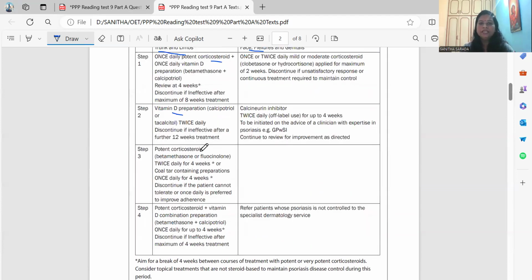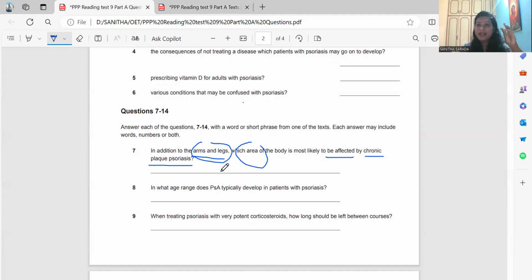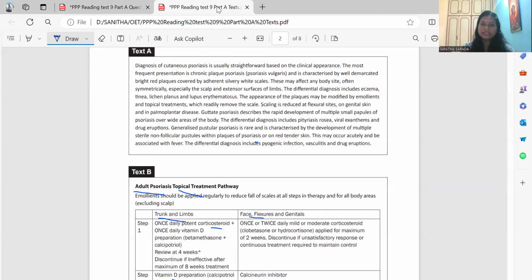So what are the points we have to find out? In addition to arms and legs, which area is mostly affected by chronic plaque psoriasis? So we have to skim and scan. Chronic plaque psoriasis is the main noun, the main keyword that we have to find.